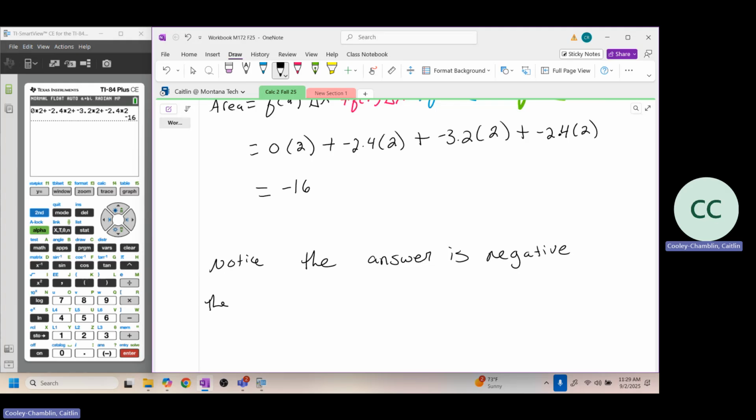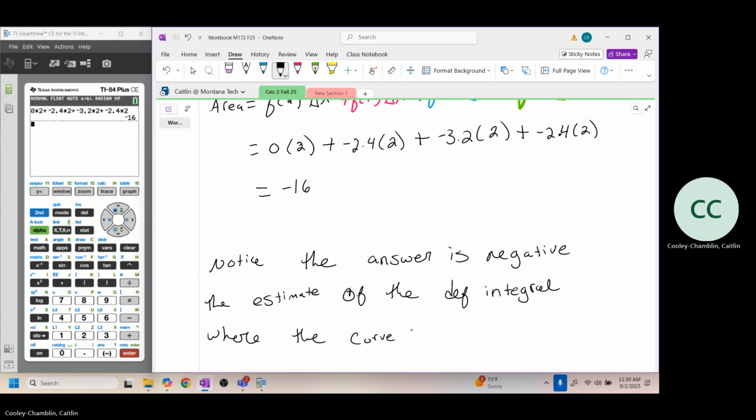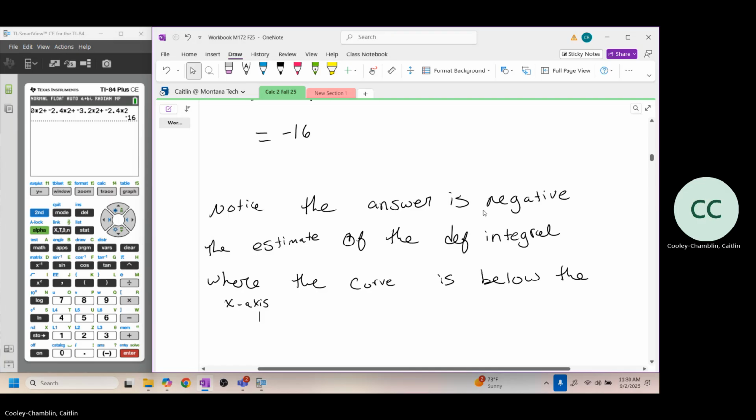So the estimate of the definite integral where the curve is below the x-axis gives us a negative answer.